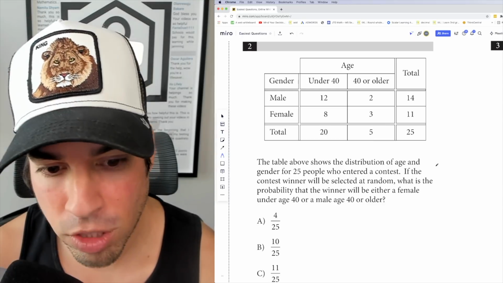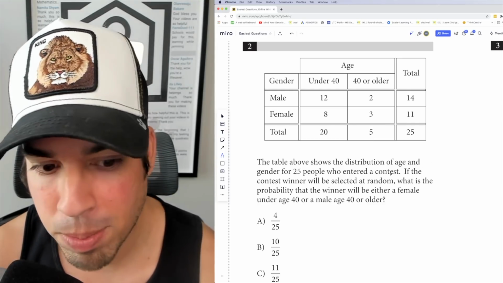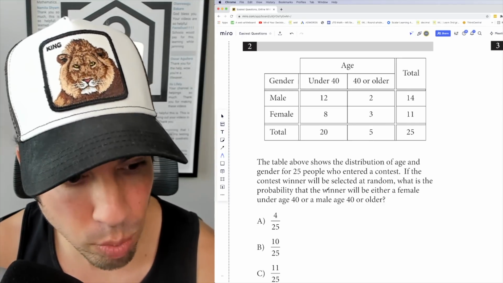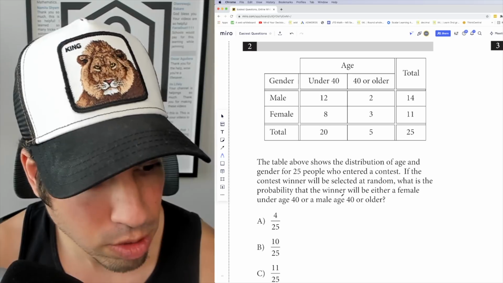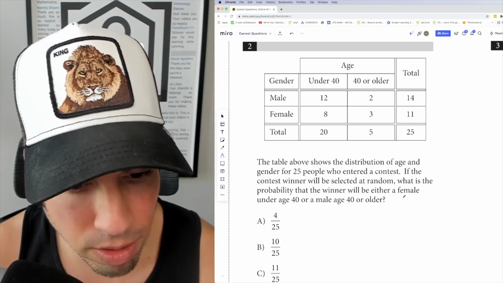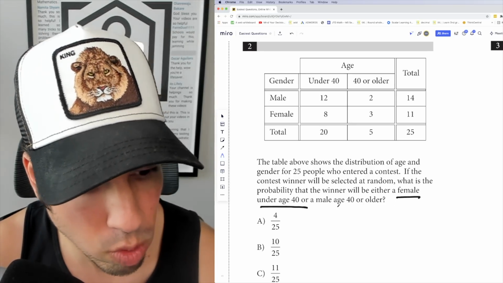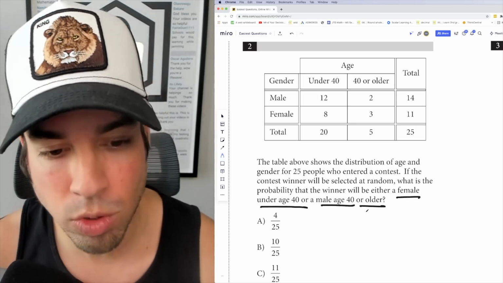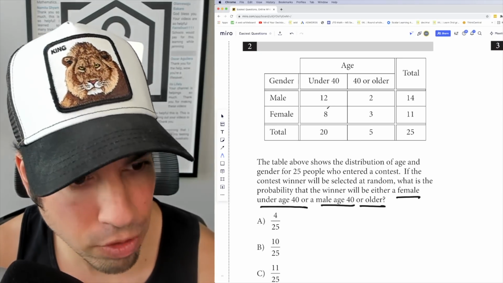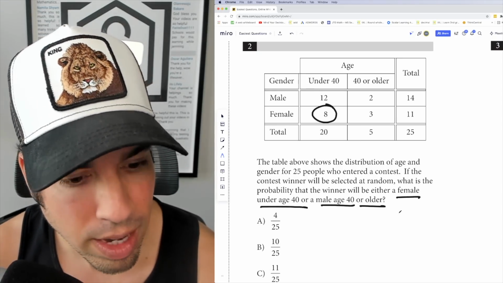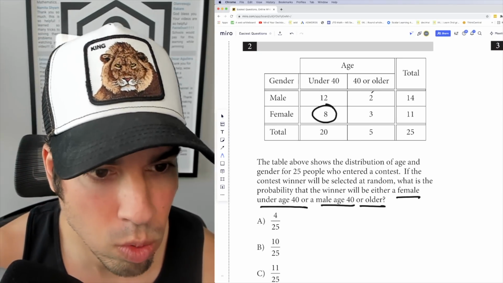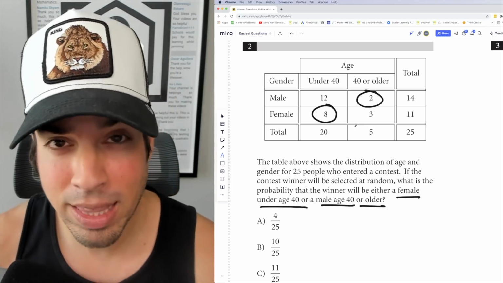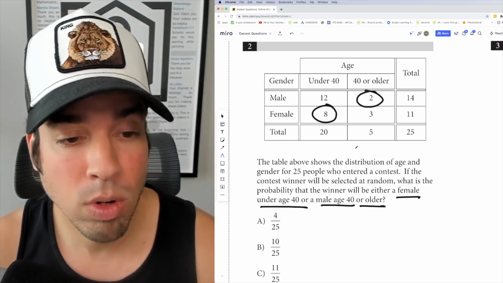Done. The table above shows the distribution of age and gender for 25 people who entered a contest. If the contest winner will be selected at random, what is the probability that the winner will be either female under 40 or male 40 or older? So female under the age of 40 is right here, and male 40 or older is right here. Now, when they say either or, what does that mean?